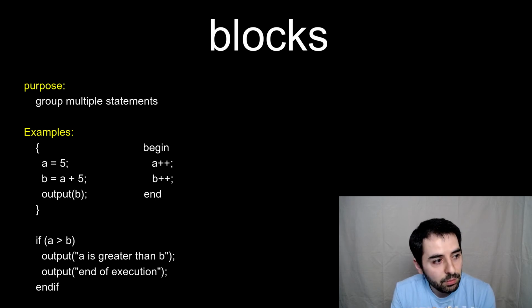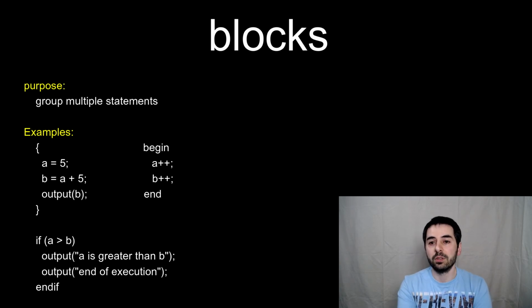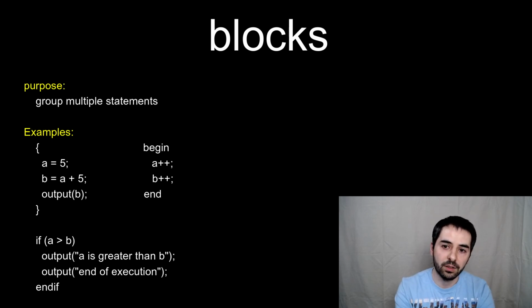Some programming languages like Java, C#, and C++ use curly braces. The opening brace denotes the beginning of the block, the closing one denotes the end. Some other languages use keywords, where one starts the block and the other ends it.